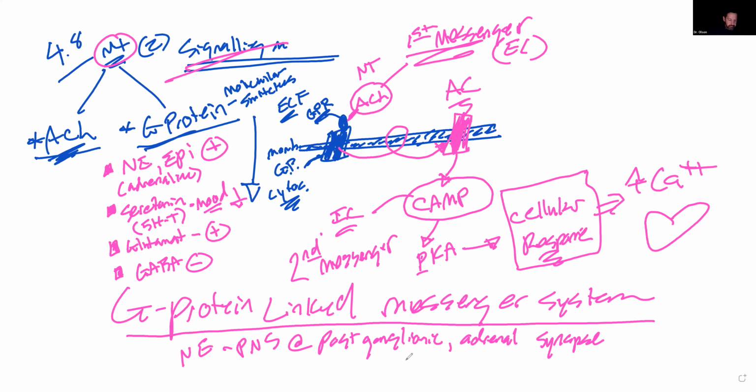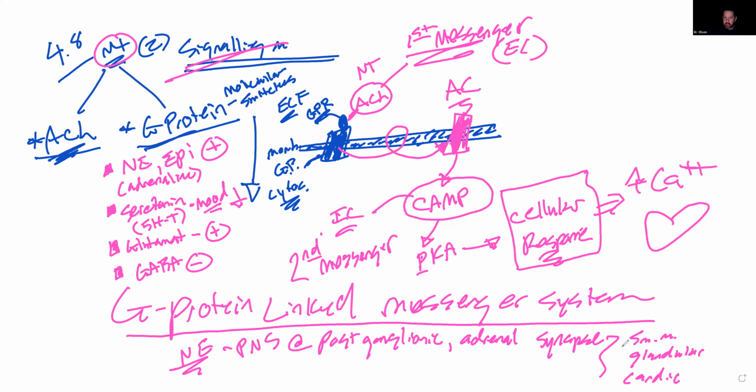And these things are going to be affecting, say with norepinephrine, smooth muscle, glandular tissue, and cardiac tissue.